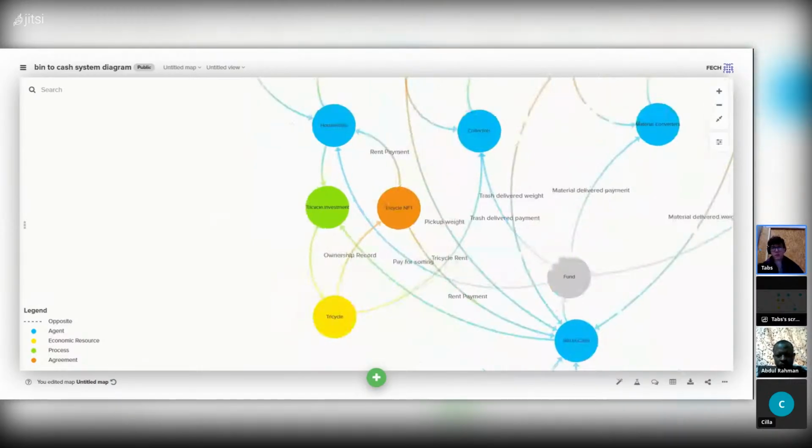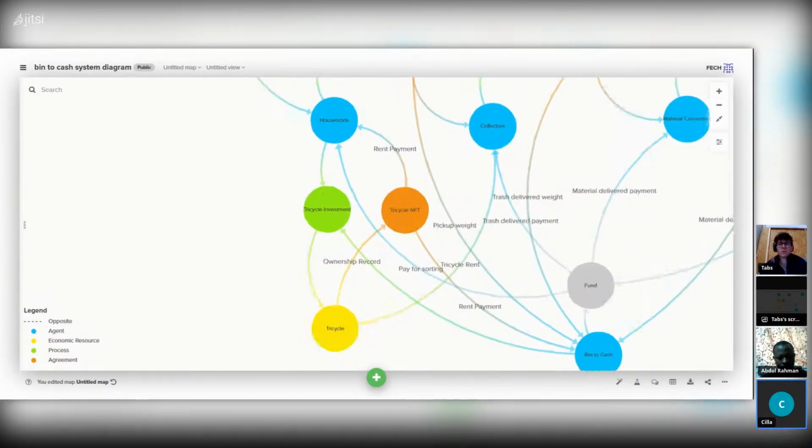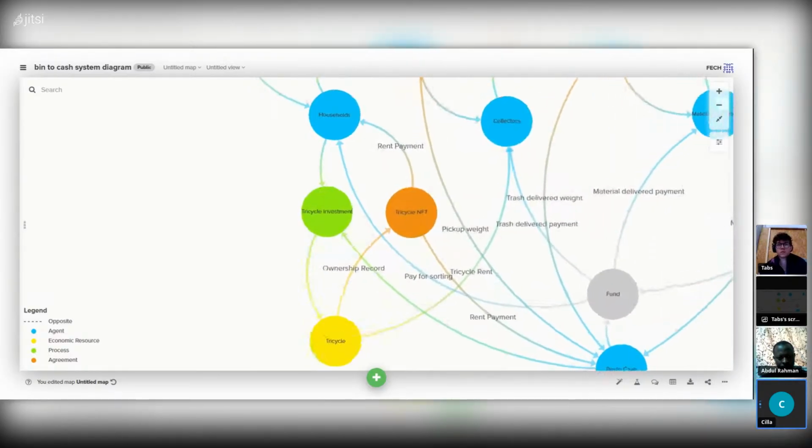Is that better? Okay. Can you zoom the green one a bit? As a tricycle innovation investment, okay.